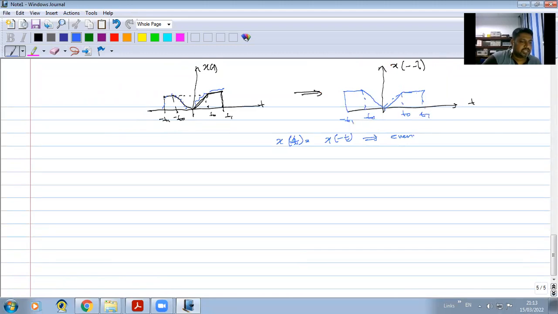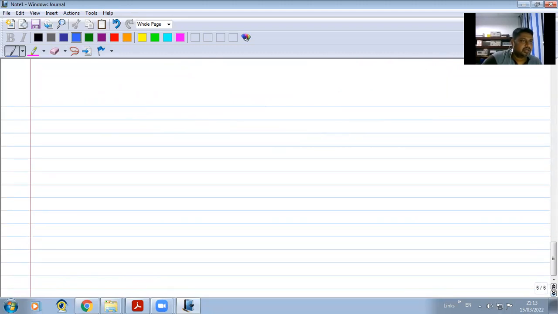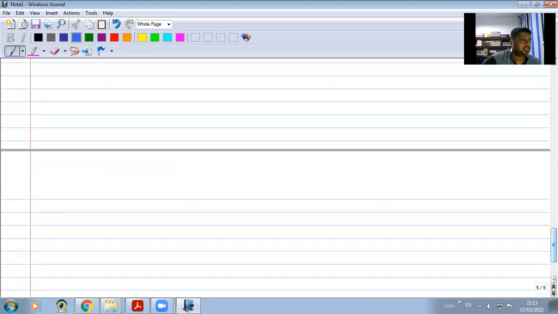Can you imagine any example for an odd signal? I'm sure you should be able to at least guess this type of signal. Say that we have this type of signal. What is the mirror image of this one? It is not equal, no?